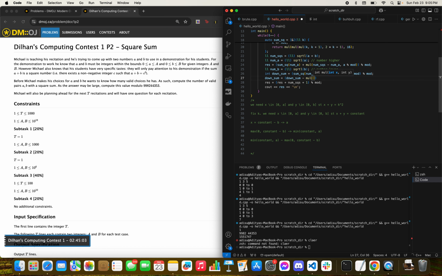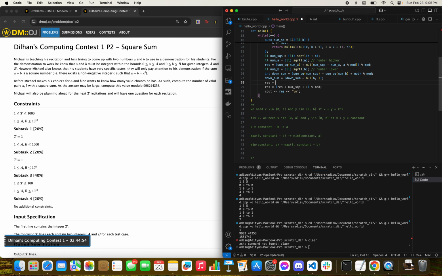Mol b, and then what is this going to be? And then let's just get this out of the way. Res equals res minus down sum plus mod mod mod. The number of these is going to be num sqs minus num b.